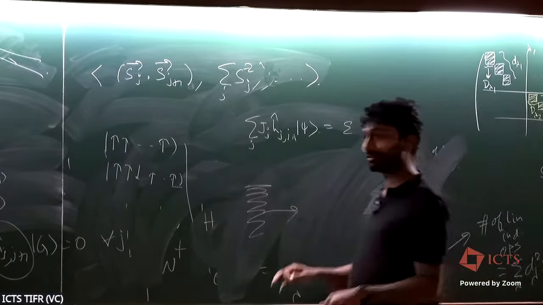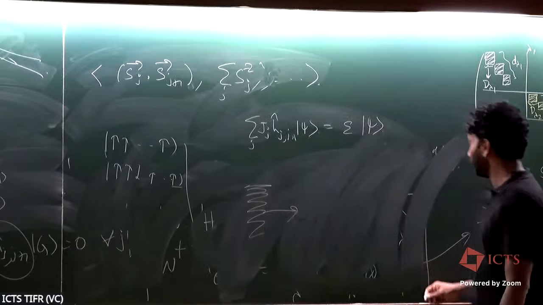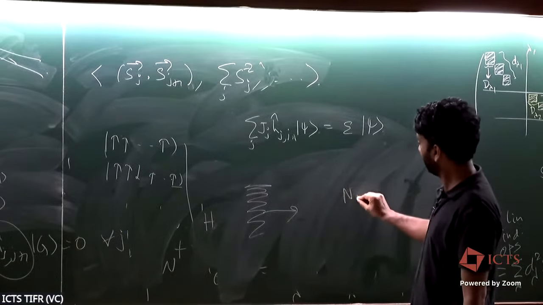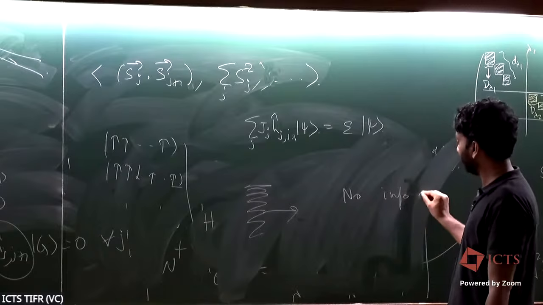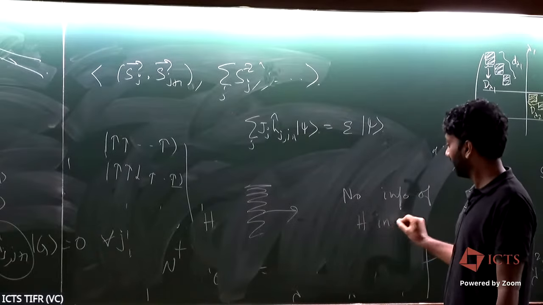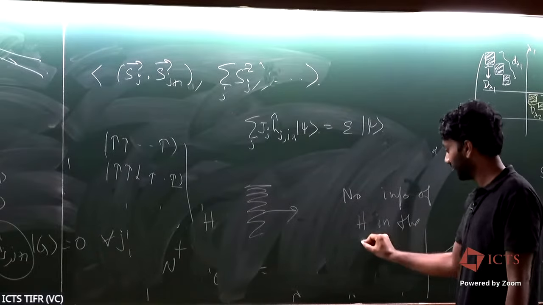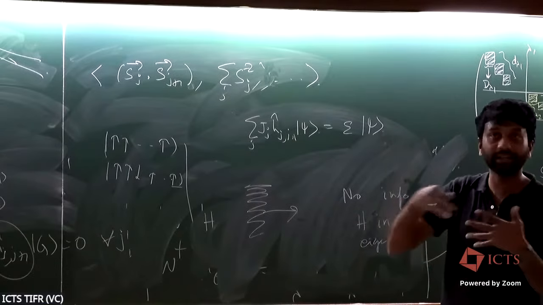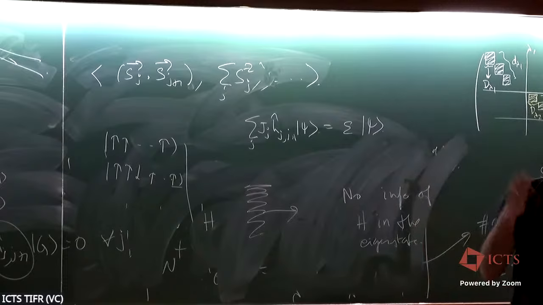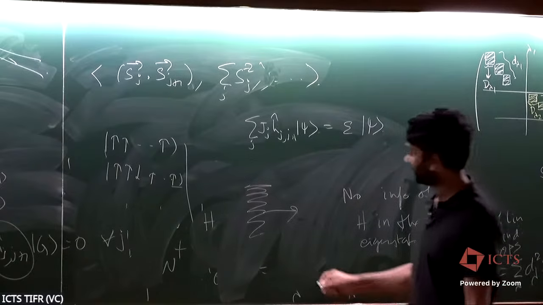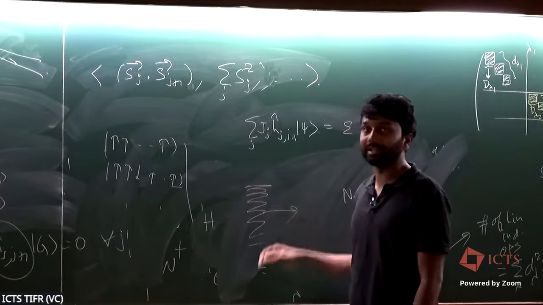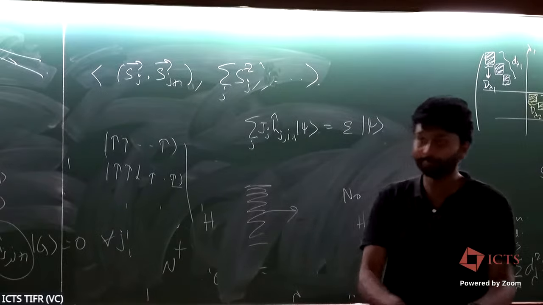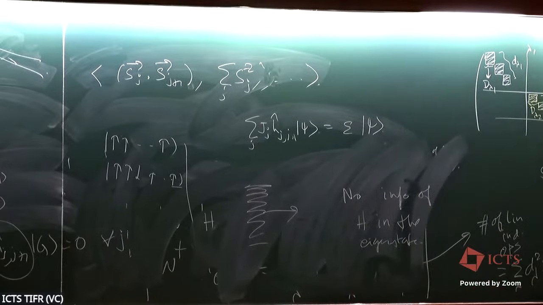In other words, there is no information of the Hamiltonian in the eigenstate. In general, if you do a numerical exercise, take an eigenstate and try to construct a local Hamiltonian, you'll find that there is only one local Hamiltonian that has this as an eigenstate.